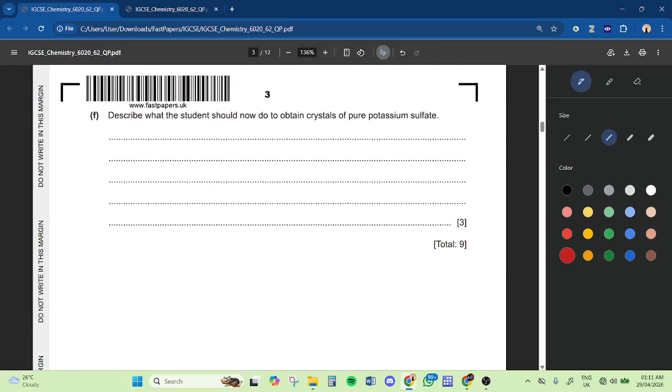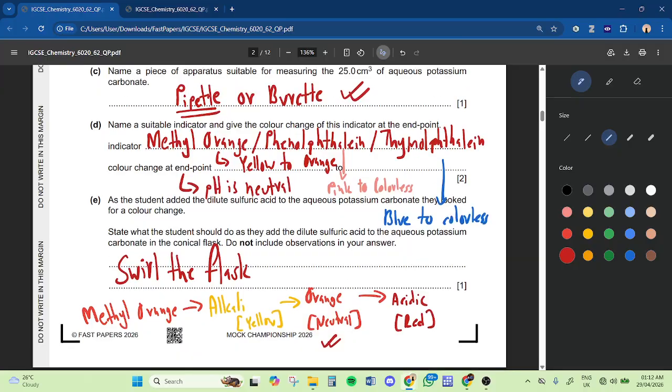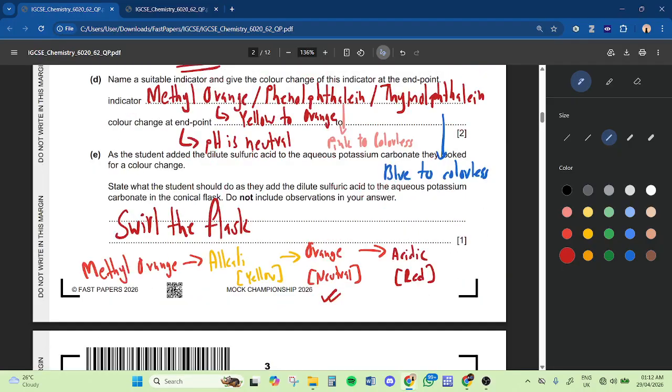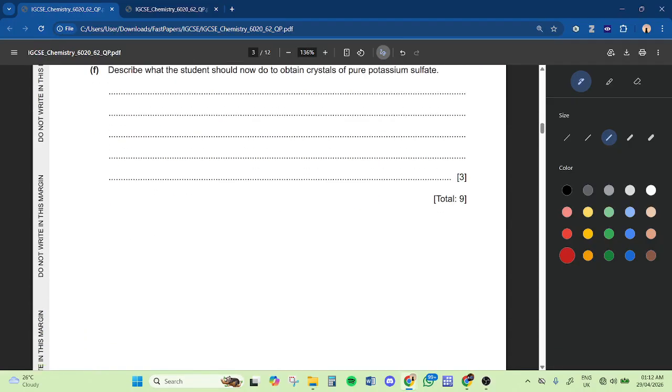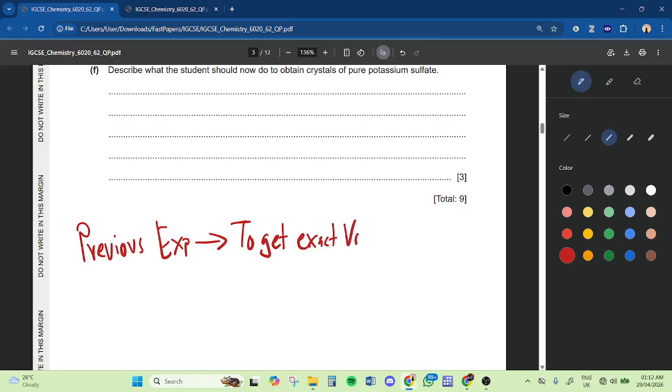Describe what the student should now do to obtain crystals of pure potassium sulfate. So here's the thing. The experiment that the student has done so far has been done with an indicator and to find out what the exact value was. So the previous experiment was done to get the exact volume of H2SO4, plus you have indicator solution mixed in.